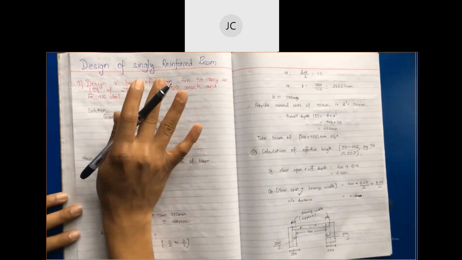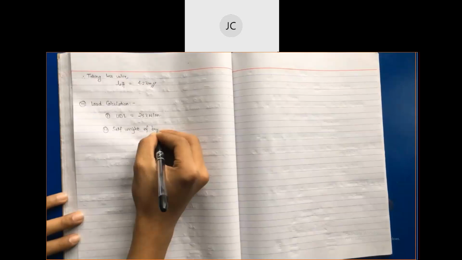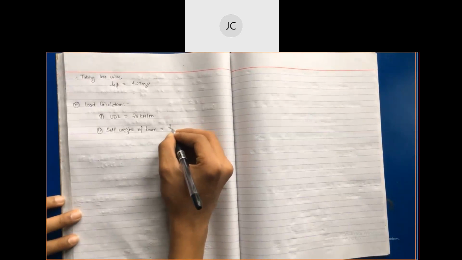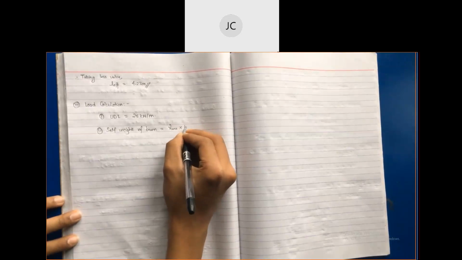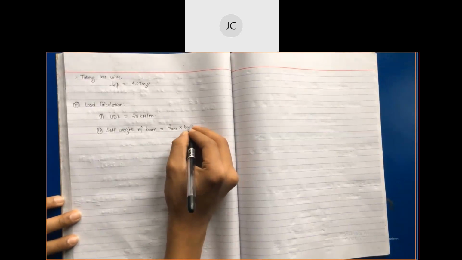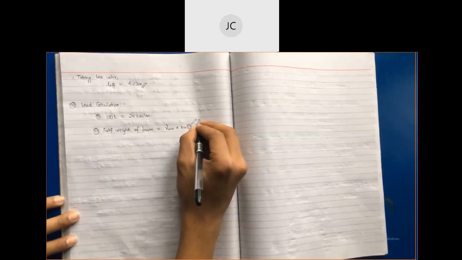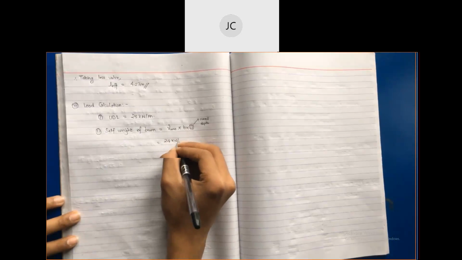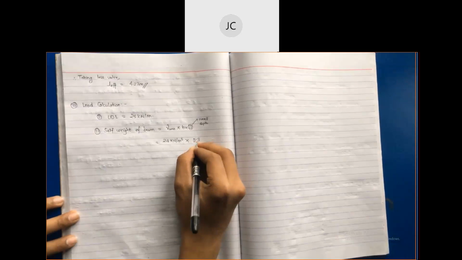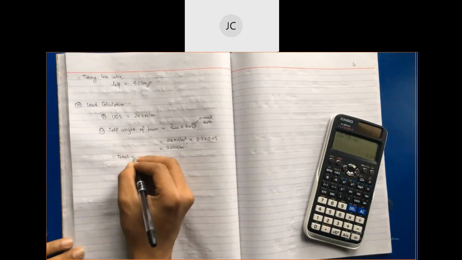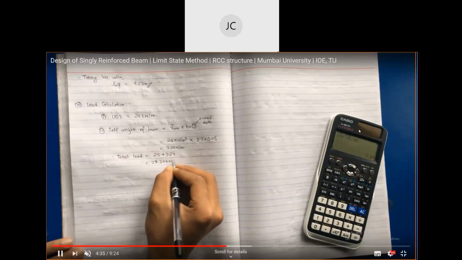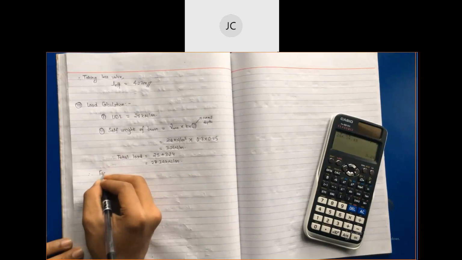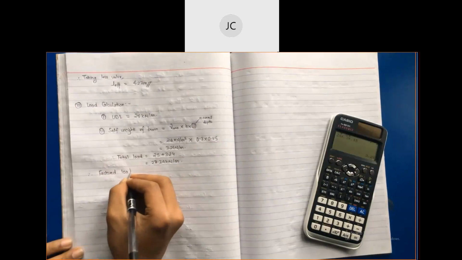Therefore, next we have to find out the design moment. First, find out gamma concrete, which means the self weight of the concrete.